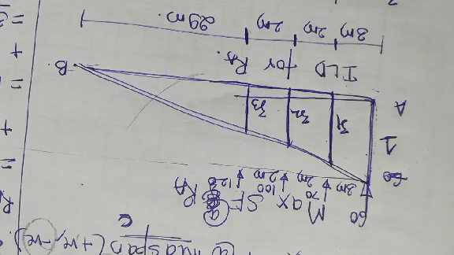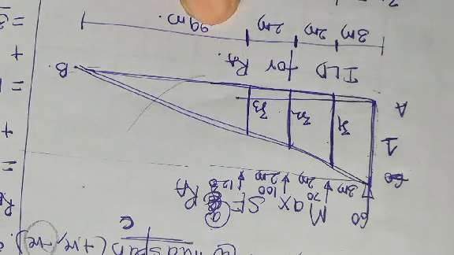From the similar triangles, let us calculate the values for Z1, Z2 and Z3. The value for Z1 will be how much? It will be 33, that is 29 plus 4, divided by 36 meters.